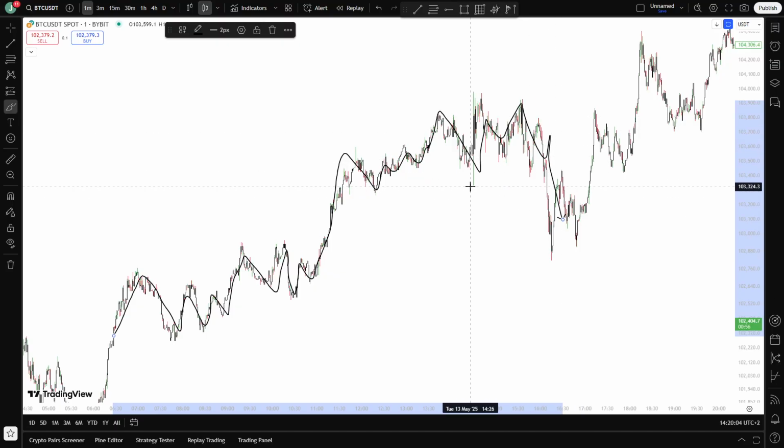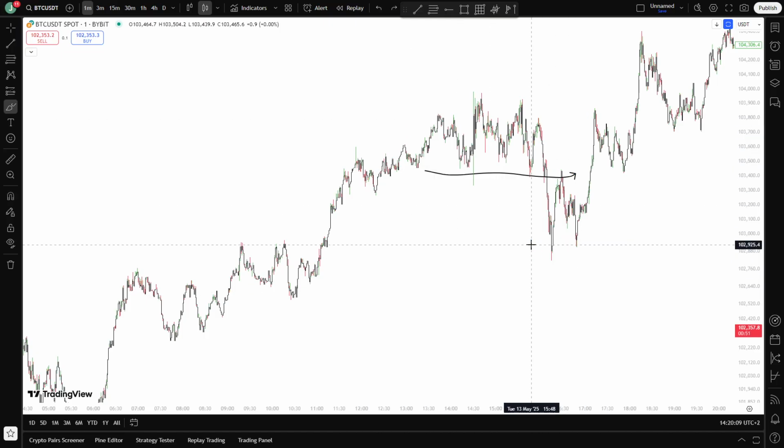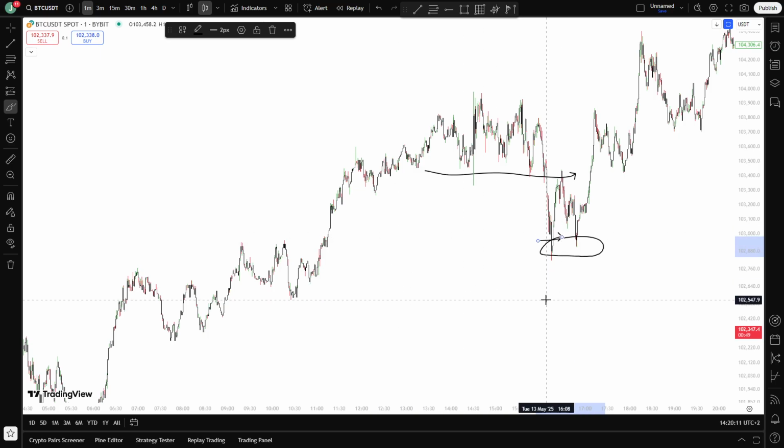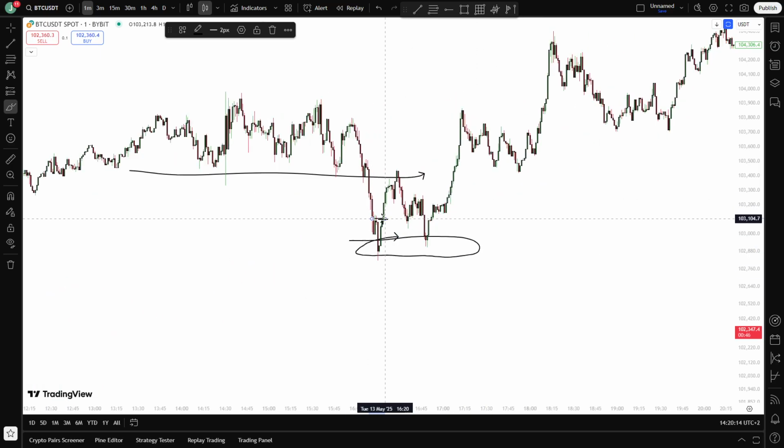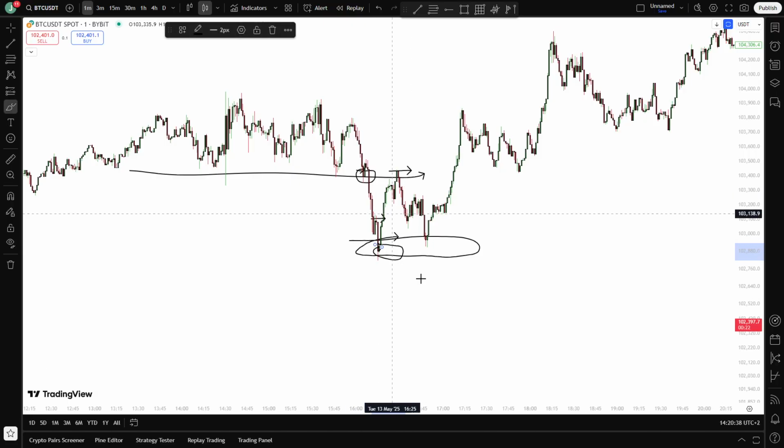On this downwards move, you can see that it stopped here, with the staircase of the high being here, getting broken, and you see here the logic going back into a previous staircase. So we have this low, we broke below it, we come back into it, we get that further drop.